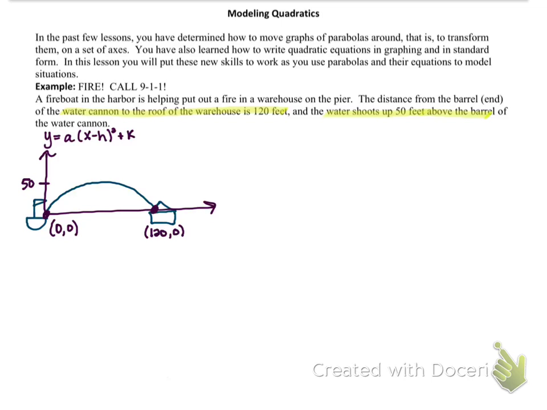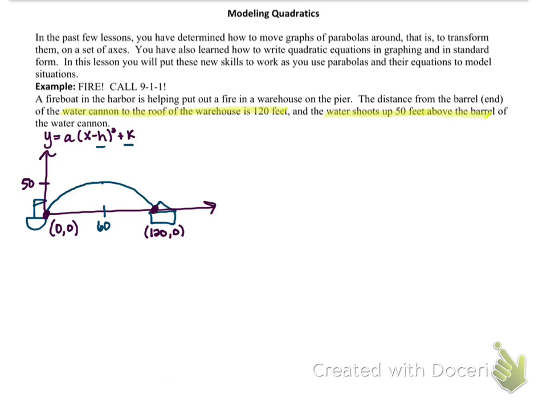In order for us to set up an equation in graphing form, we know that the h and k values represent the vertex of our quadratic. We know that the vertex sits in the middle of our two x-intercepts. Therefore, in this situation, the x value of our vertex is going to be 60, since 60 is in the center of 0 and 120.